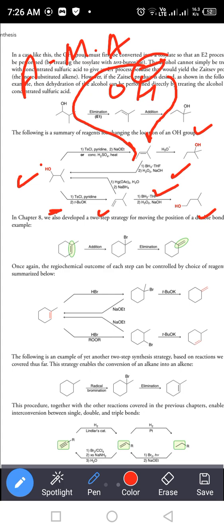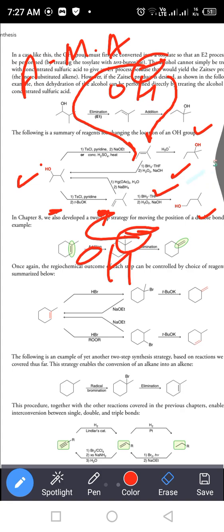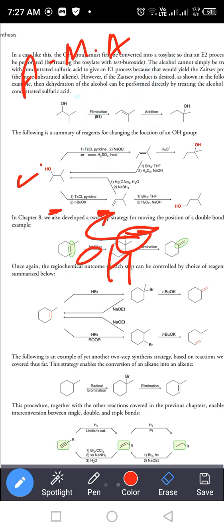So these reagents, BH3 tetrahydrofuran, peroxide and NaOH, are the reagents for anti-Markovnikov addition. It means now OH will add on that carbon having less substitution. So we can make primary alcohol from secondary alcohol. We can synthesize tertiary alcohol from the secondary alcohol.